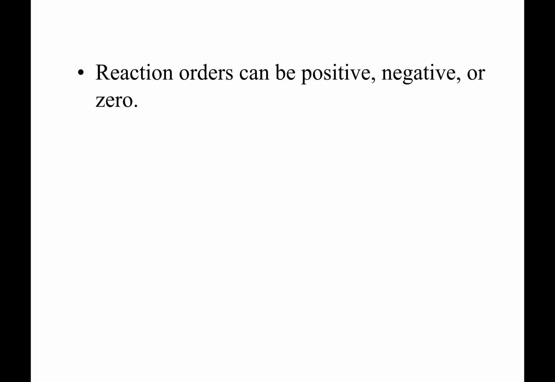If I keep increasing this, my rate's going to go up. Now, inversely, if I put a -2 there, check this out: the negative means it's in the denominator. As I increase this, this will decrease. Does that make sense?